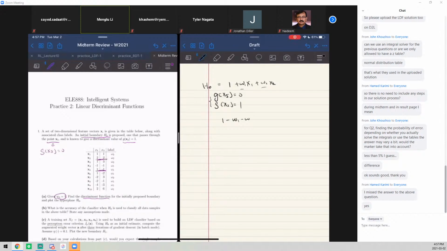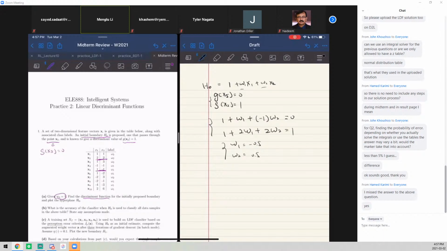So we just plug in these two values into the equation, and we will get w1 become 0, negative 0.5, w2 become 0.5.